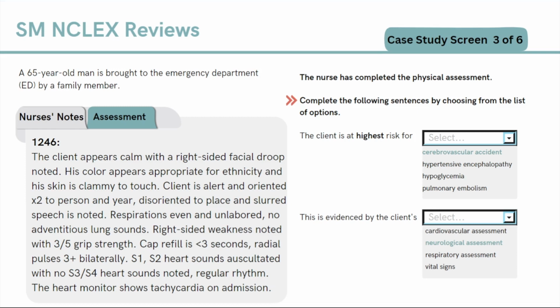We need to notify the provider and act quickly. Remember, time is brain, you all, and we do not want to delay care if we suspect any signs of stroke. Now, looking at our other choices for the first drop-down, the client's symptoms are not consistent with a pulmonary embolism, and while we may have a few concerning findings like the cold and clammy skin, the findings are most consistent with a stroke.